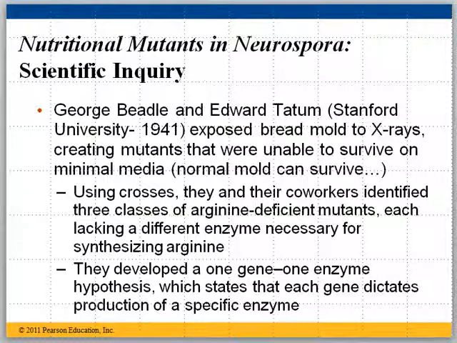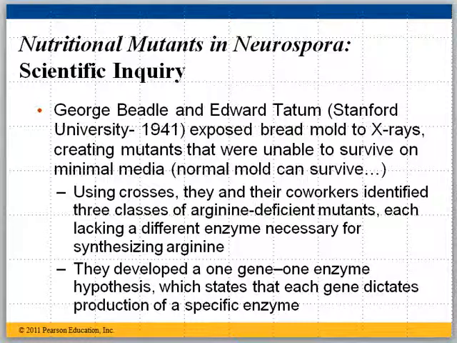Either way is fine. So they developed what they called a one gene, one enzyme hypothesis, which states that each gene dictates or controls the production of a specific enzyme. And they felt that their hypothesis was accurate because each mutant in their experiment was defective in a single gene.